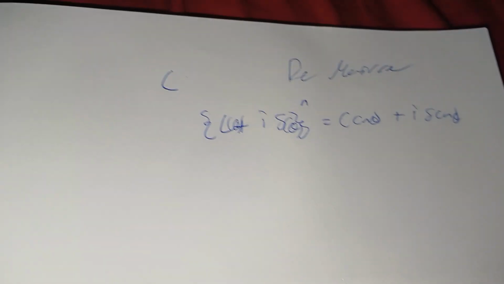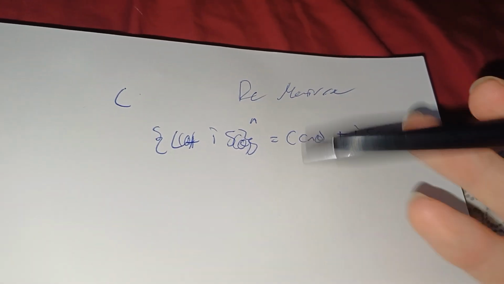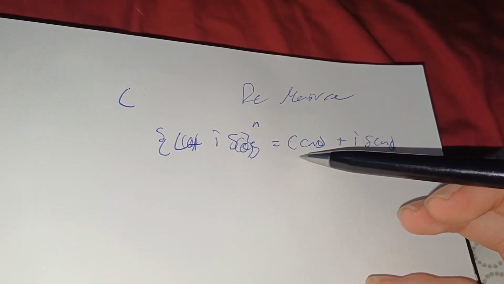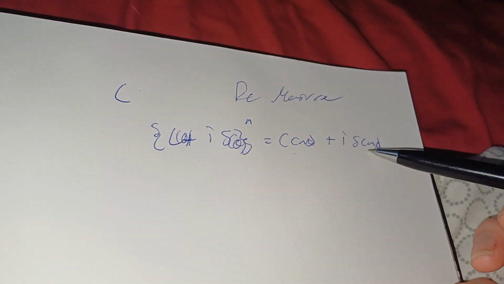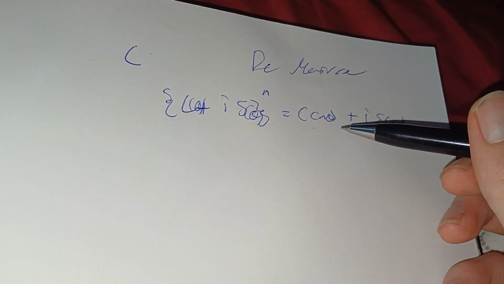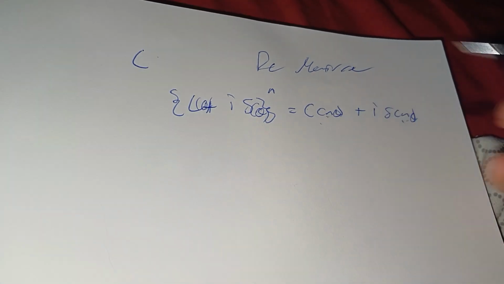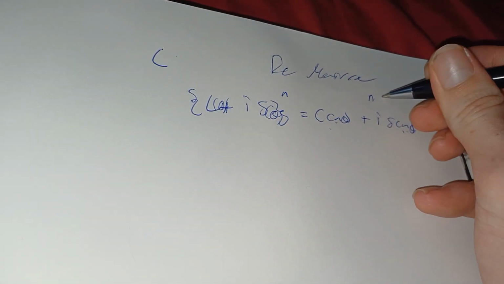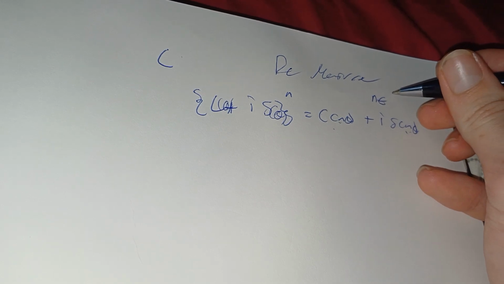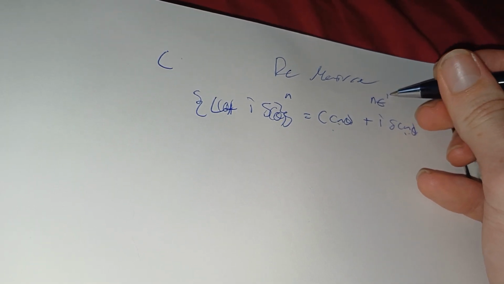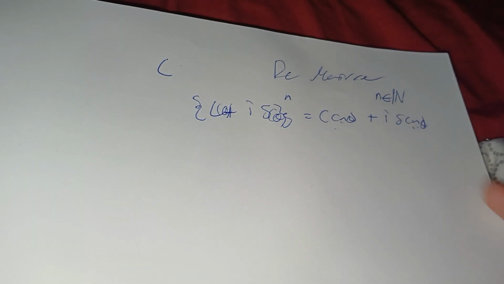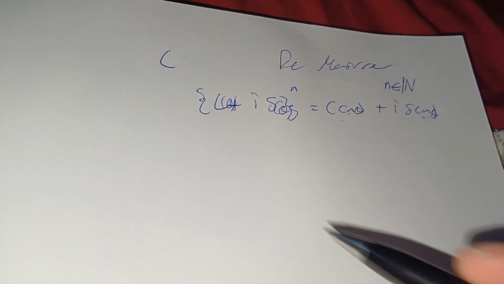Okay, we're going to look at De Moivre's equation for getting the cosine or sine of a certain factor called n, and we're going to say that it's a natural number. So let's begin.